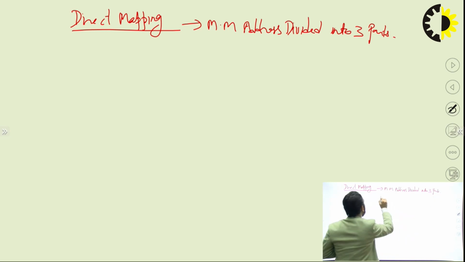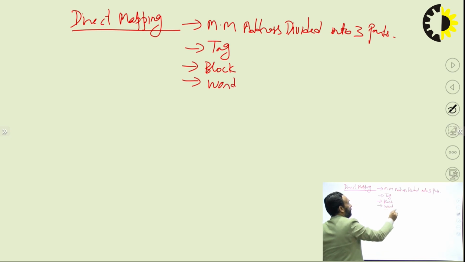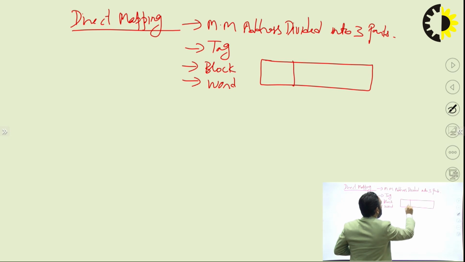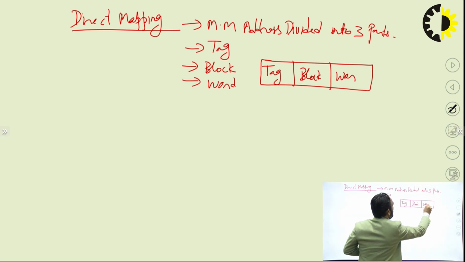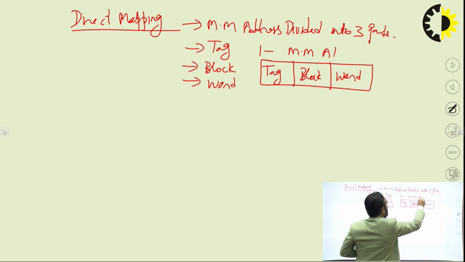What are these parts? First one is tag, block, and word. Or we can write it in header form: tag, block, word. That is the main memory address.